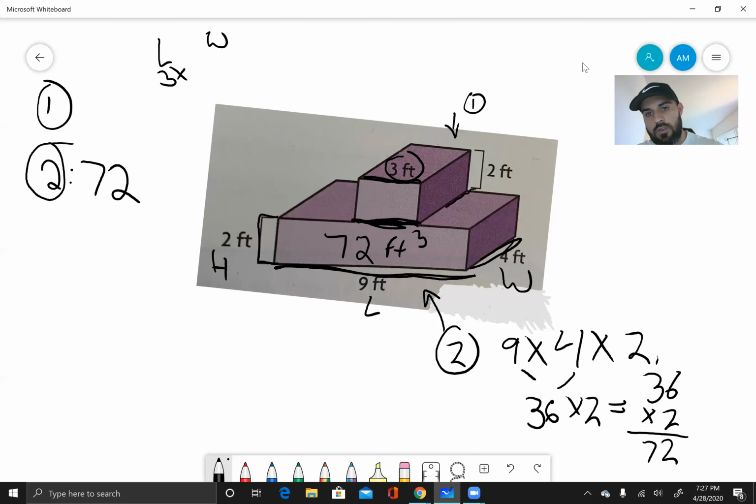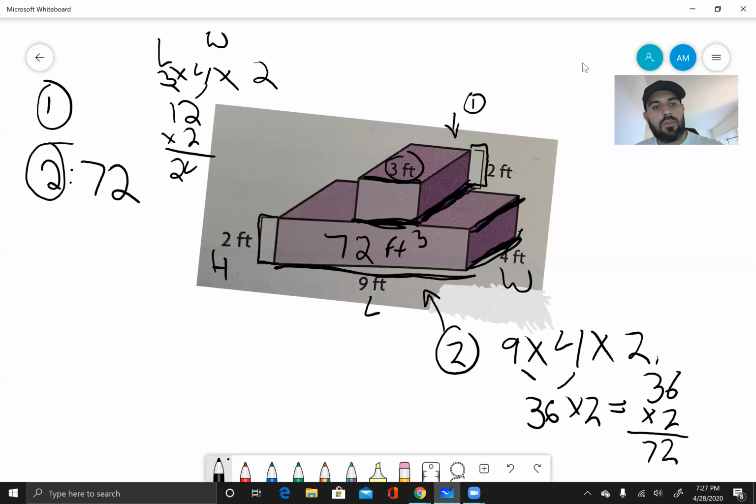Notice how the width on this side, the width here, and the width here are all congruent, so I can use 4. And then the height is right here, of 2. So 3 times 4 is 12, and then 12 times 2 is 24. So I just found the volume for figure 1.